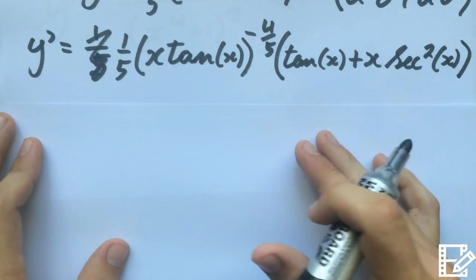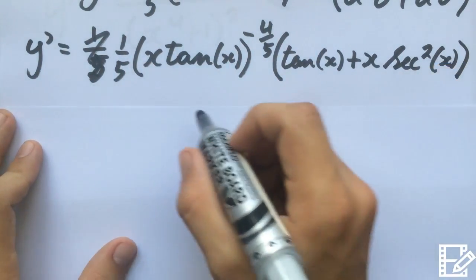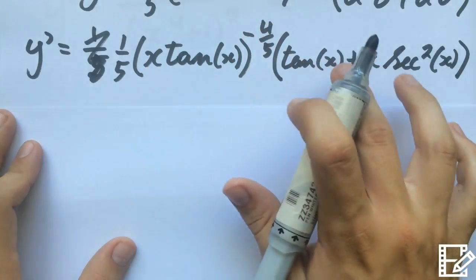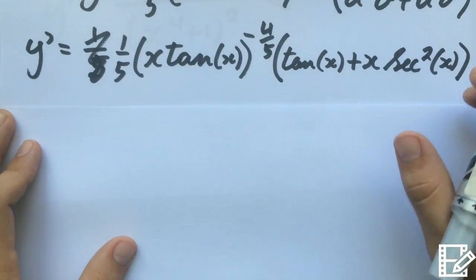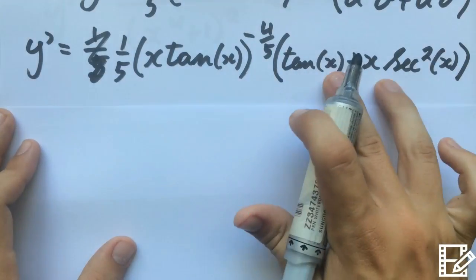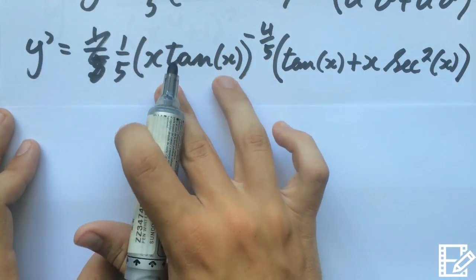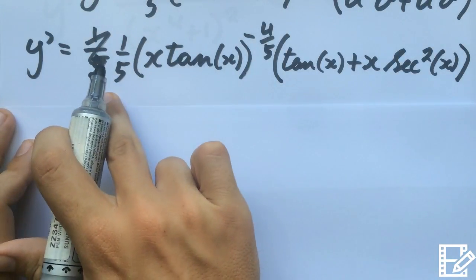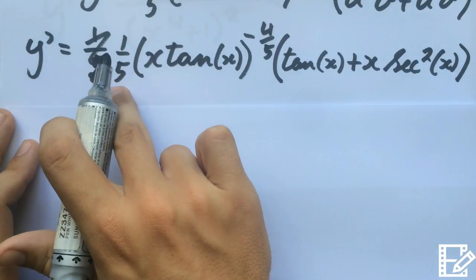Okay, so what are we going to do here? This here is to the power of a negative 4 over 5, and this is to the power of a positive 1. The positive 1 is invisible. So we're going to put this on top of the fraction and this on the bottom. Here's the fraction, because this is multiplied to this, and this is also multiplied to this.